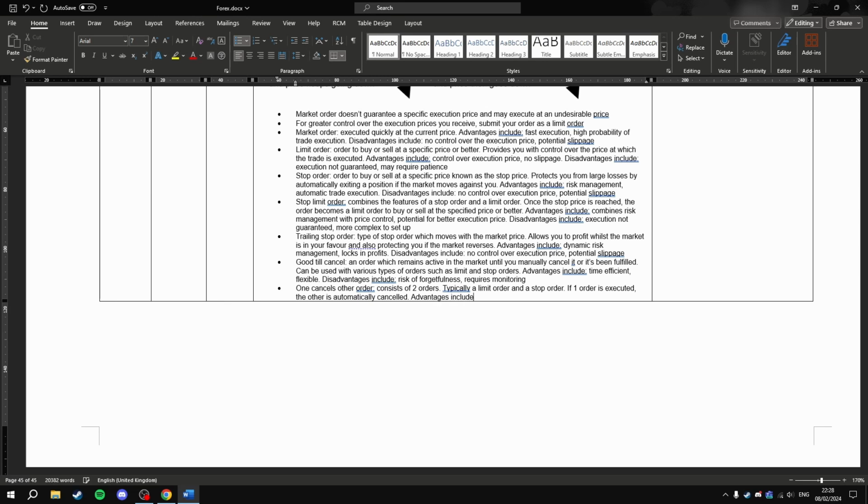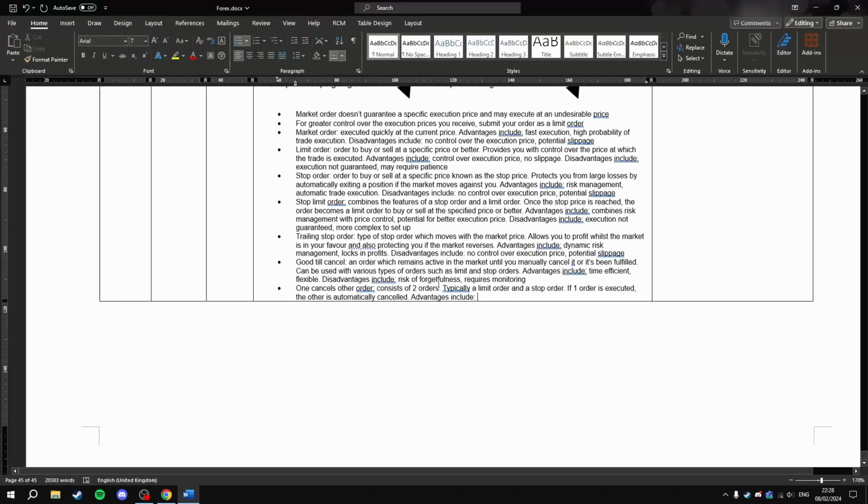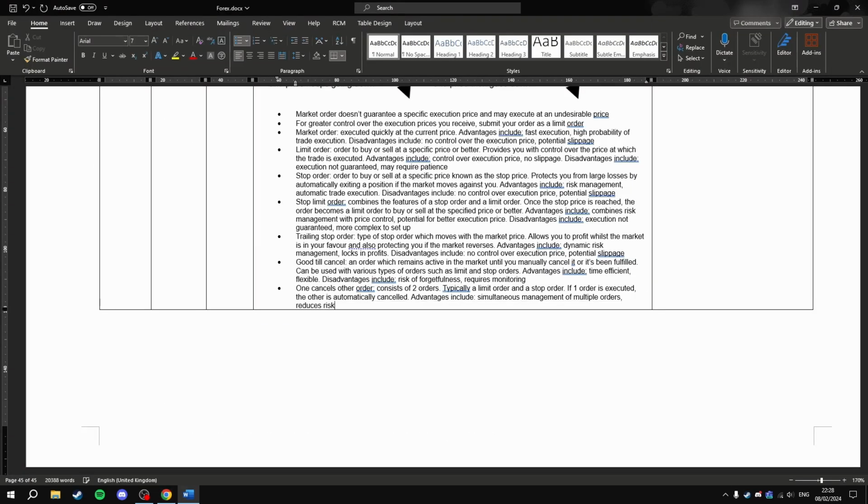Advantages include simultaneous management of multiple orders, which reduces risk. Disadvantages include, forgetfulness is one of them, right?